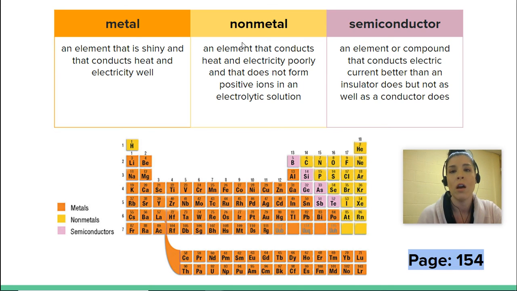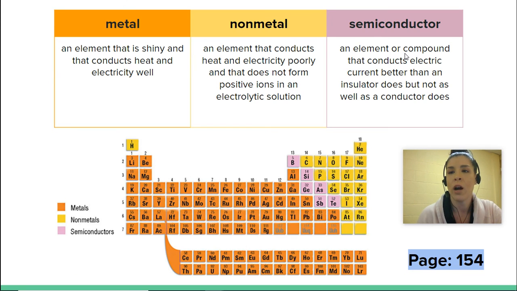So metal, non-metal, semiconductor. Metal, an element that is shiny and that conducts heat and electricity well. Non-metal, an element that conducts heat and electricity poorly and that does not form positive ions in an electrolytic solution. So ions in an electrolytic solution.